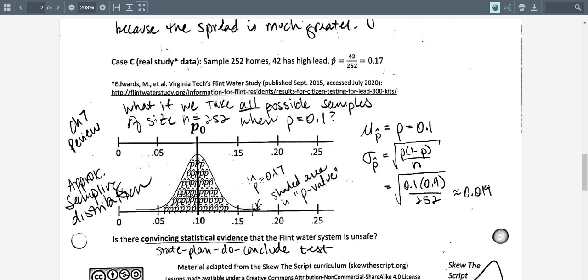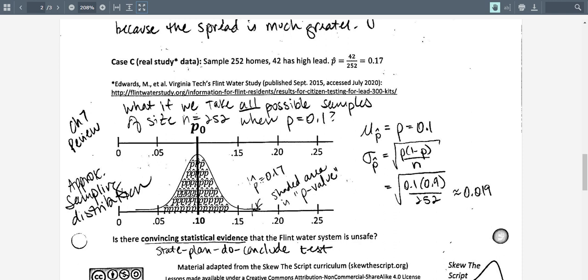So it's hard to even see. There wasn't much in the tail for me to shade, but that shaded area, which represents the area under the curve, when I find the likelihood that p-hat is 0.17 when the truth is supposed to be 0.1 in these samples of size 252, it's going to be pretty small, and that value is known as my p-value.